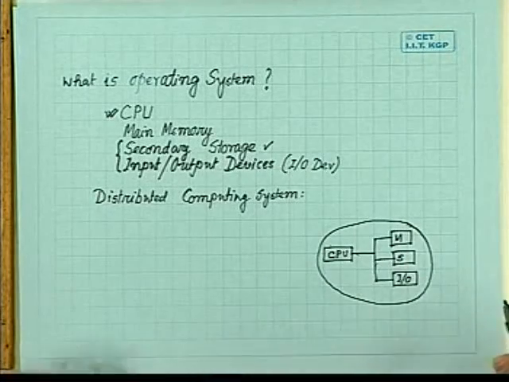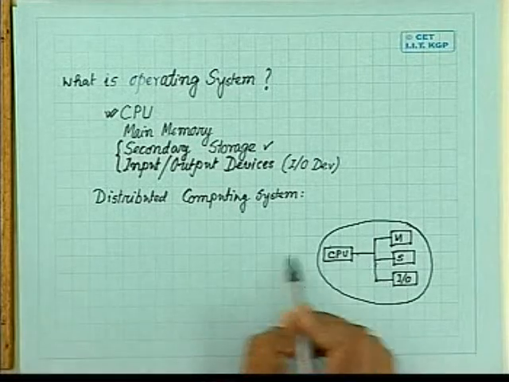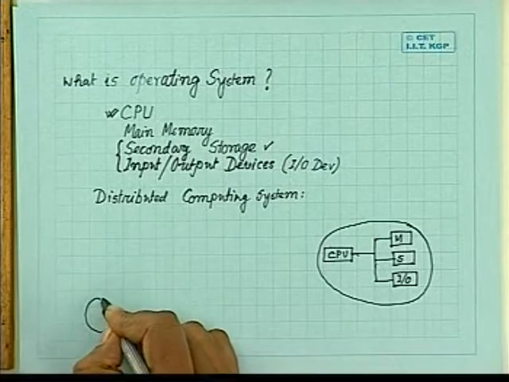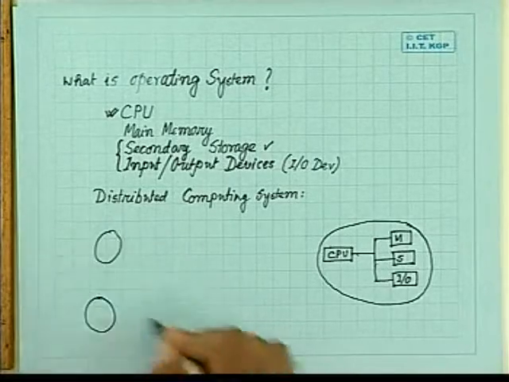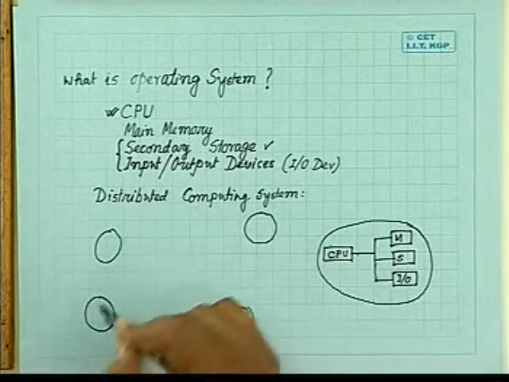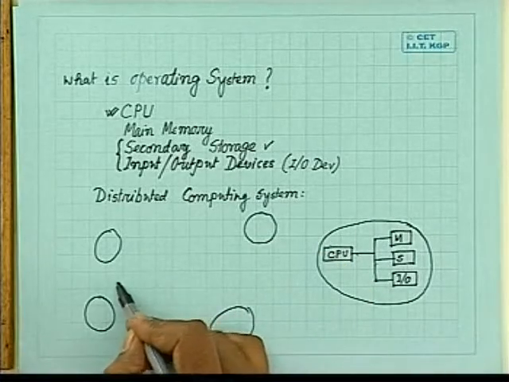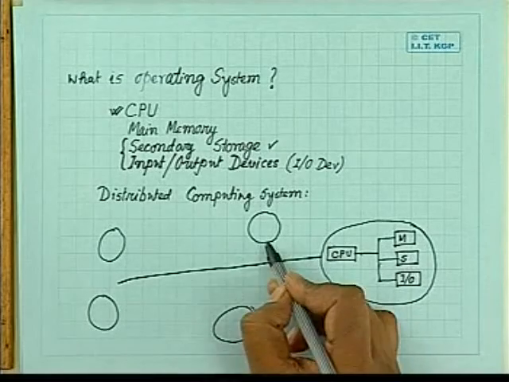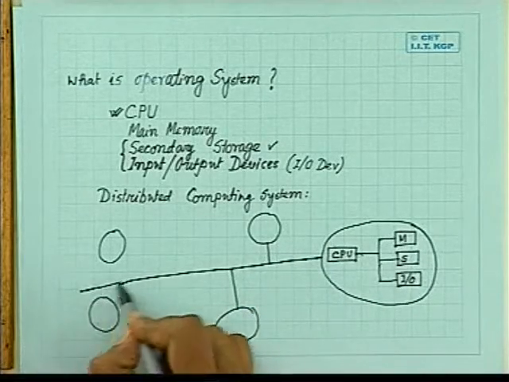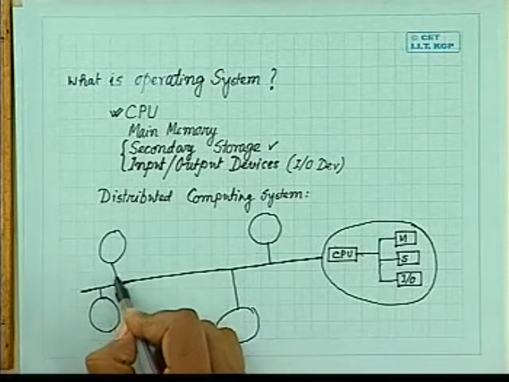Right? And I can consider a case where I have a number of such computer systems which are put in different geographical locations, and what I have is an inter-network, a network interconnecting all these computer systems.